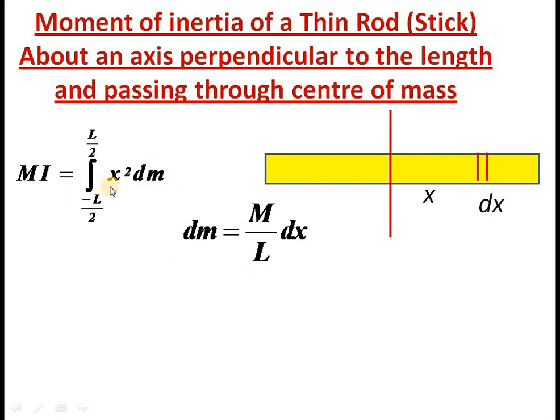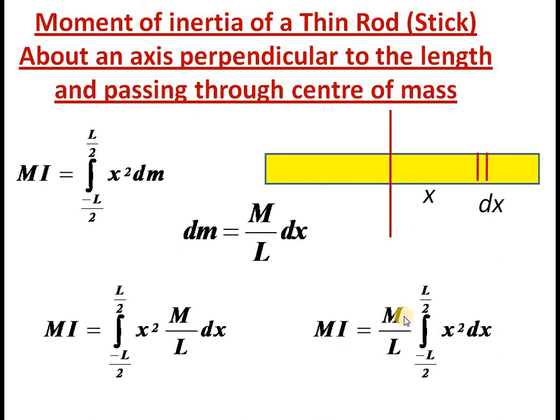Place it here, x square is already there. So we get I equals the integral from minus L by 2 to plus L by 2 of x square into m by L dx. Both m and L are constants, so you can take them outside the integral: m by L integral from minus L by 2 to plus L by 2 of x square dx.